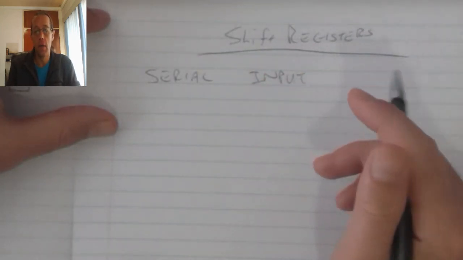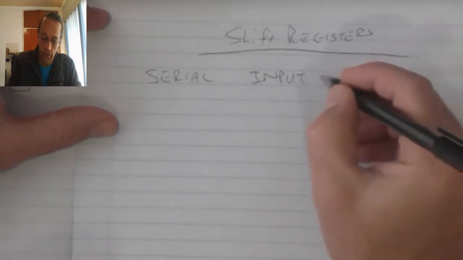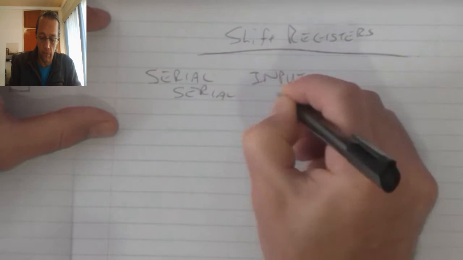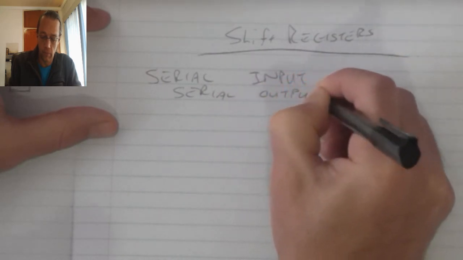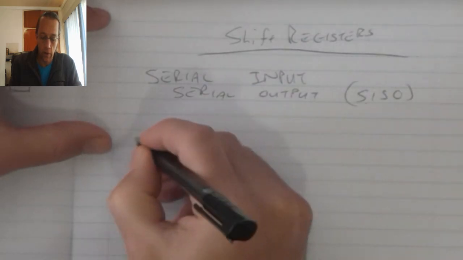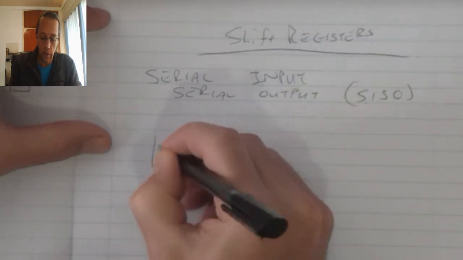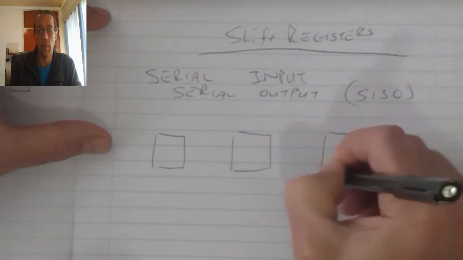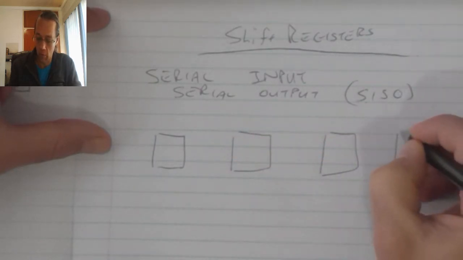Now, for the serial in, serial out, SISO, we've got our D-type latches. Let's work on 4 bits.